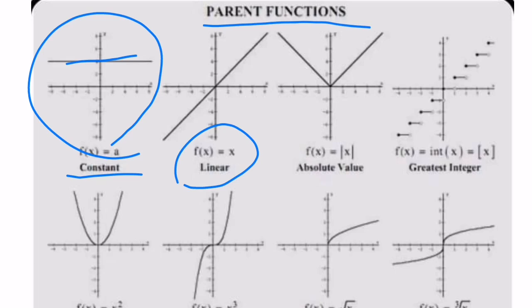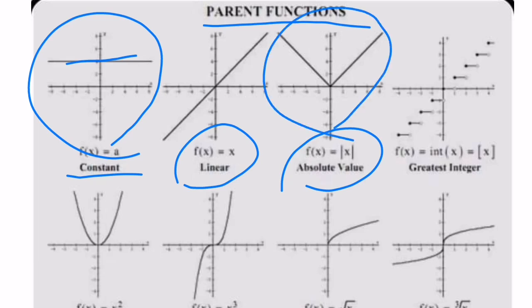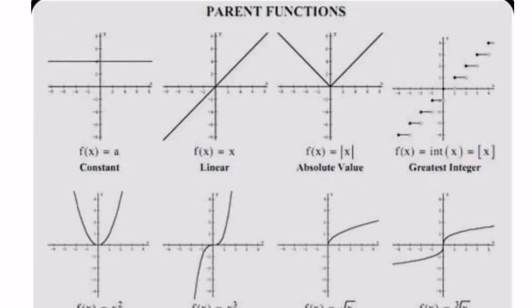The third one is the absolute value function or absolute function. The shape of this function is just like that, two branches. The next one is the greatest integer function.